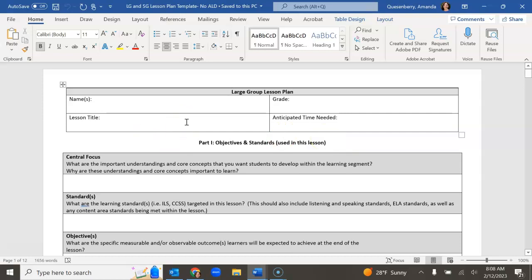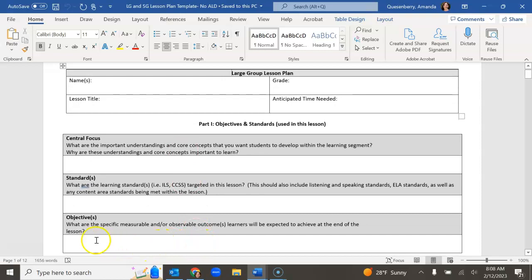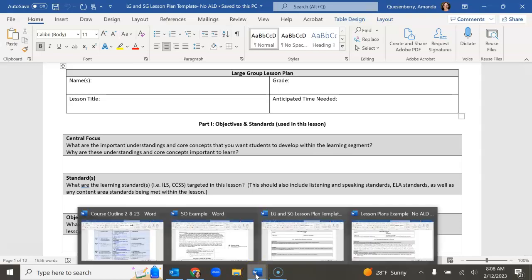So the large group lesson objective will be the lower level objective that you created for your Standards and Objectives project. Okay, so hopefully that makes sense. I'm actually going to walk you through the example.